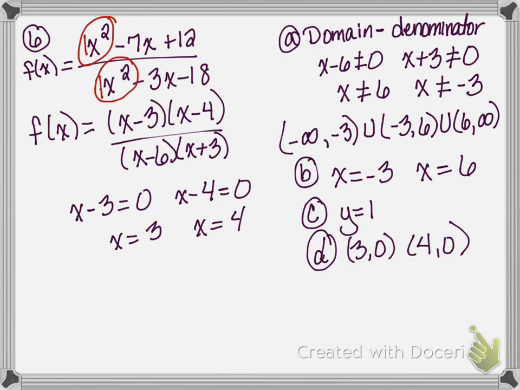Okay, and the last thing that I'm asked for is my y-intercept. Now, you can cover up everything that has an x in it. And when I do that, I'm left with 12 over negative 18. Okay, but you can also do it where I do 0 squared minus 7 times 0 plus 12.